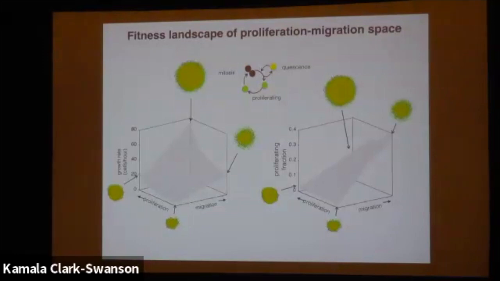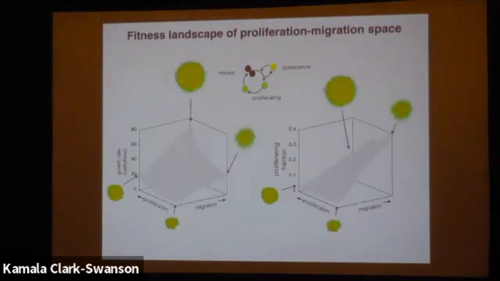And you could say fitness is like the growth rate, and you could look at these four extremes. You see the one at the top is really big, the one at the bottom is quite small, and these two on the sides are actually the same. They have the same growth rate, but in different ways.